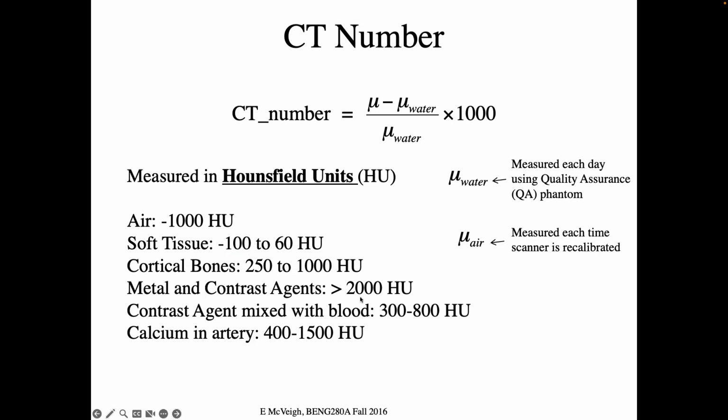And then metals get into the upwards of 2,000. When we put contrast into the bloodstream, the Hounsfield unit values are anywhere from 300 to 800, depending what the concentration is at that moment. When it's really high concentration, it's around 800. And then calcium, little bits of calcium for us, these are really important for heart disease. Their Hounsfield units are somewhere between 400 and 1,500.